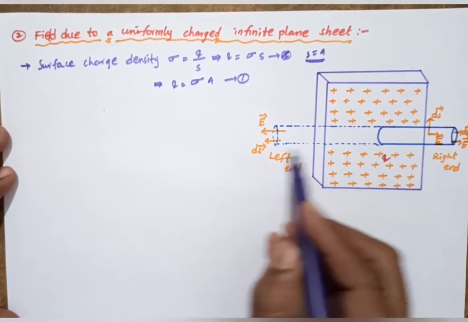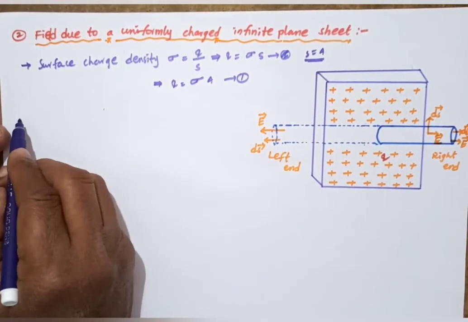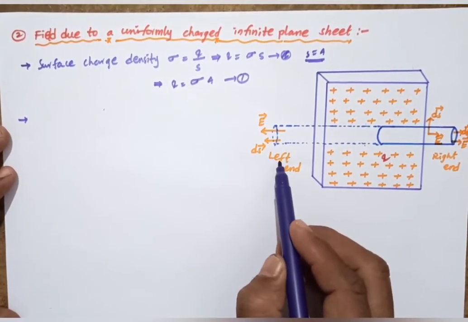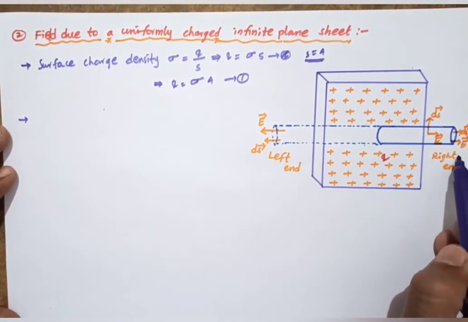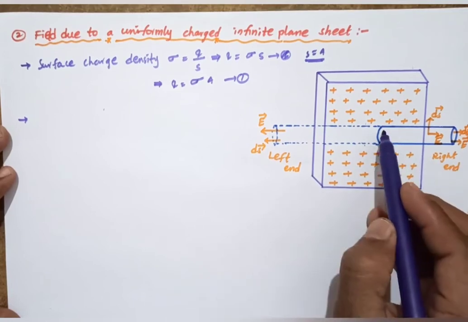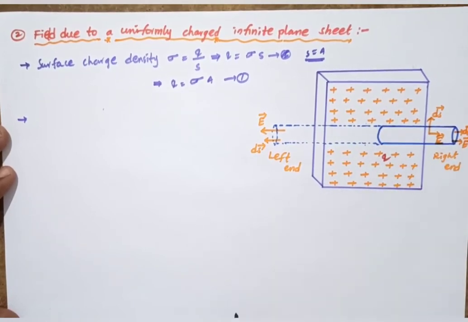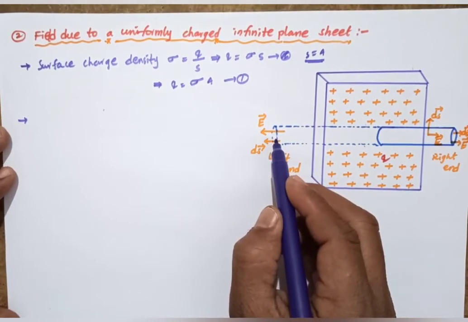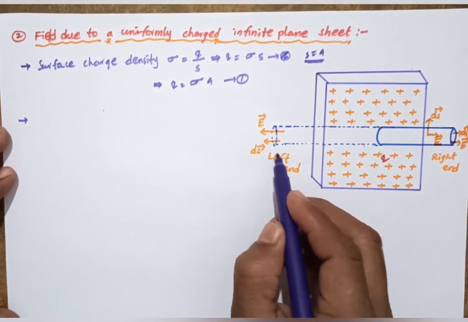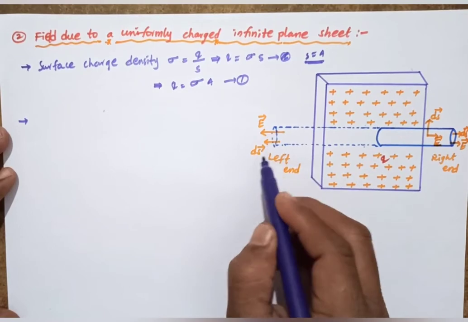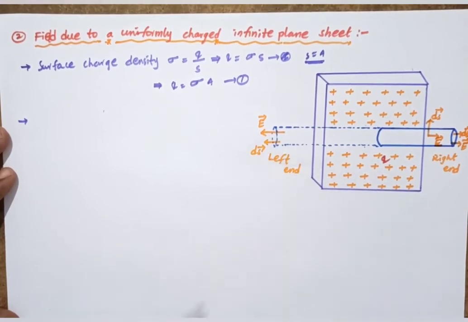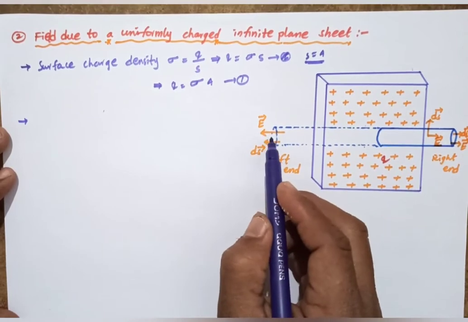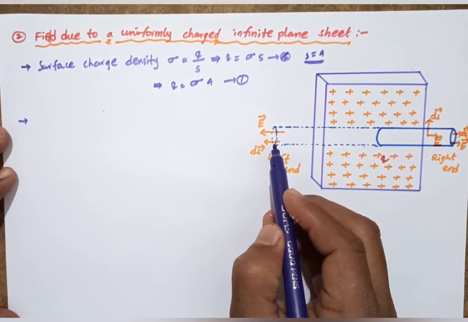It consists of 3 parts here. First part is the left hand side, second part is the right hand side, and the third one is the curved surface. The electric field at the left hand side and ds bar, the surface area, are both on the same side, so the angle theta equals 0.